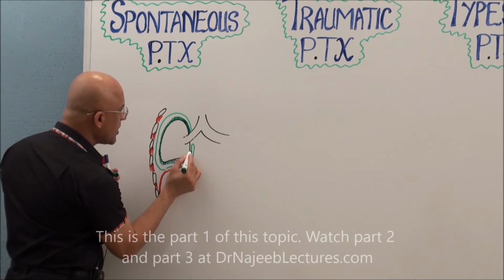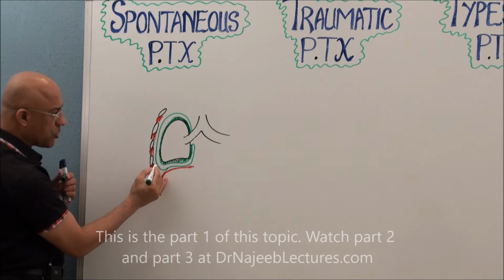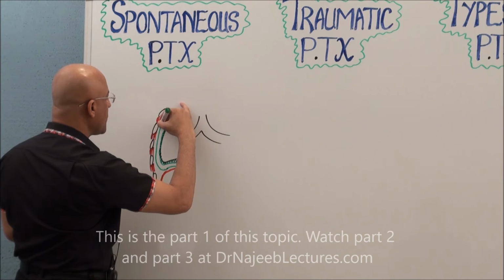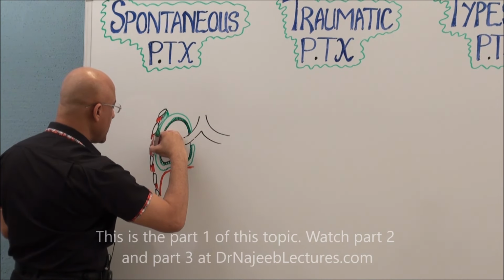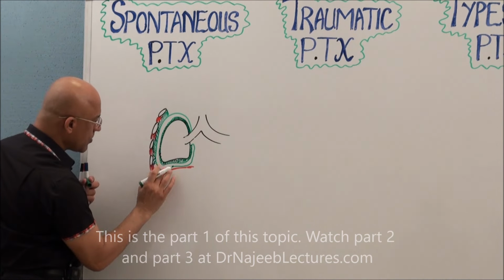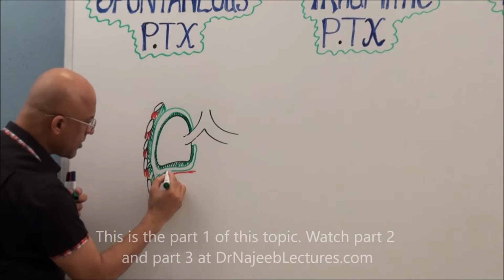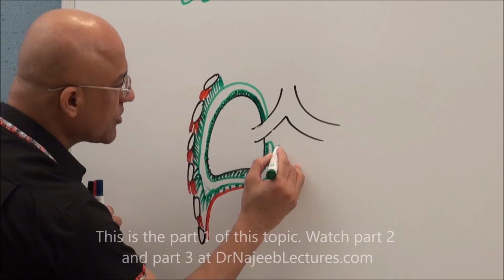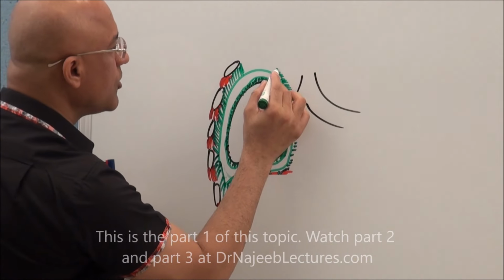And then there is the other part of the pleura, the outer layer, which is very strongly attached with the chest wall and diaphragm and even with the mediastinum, right?